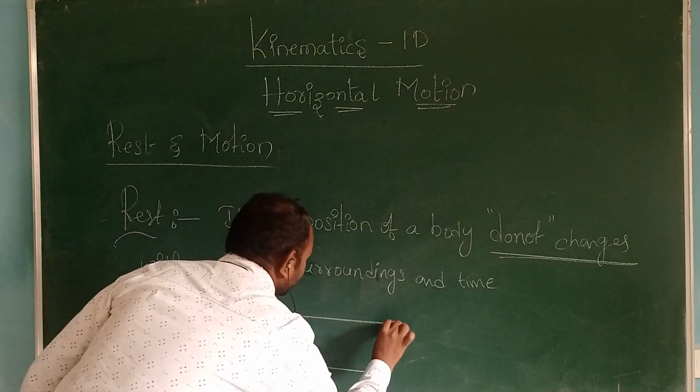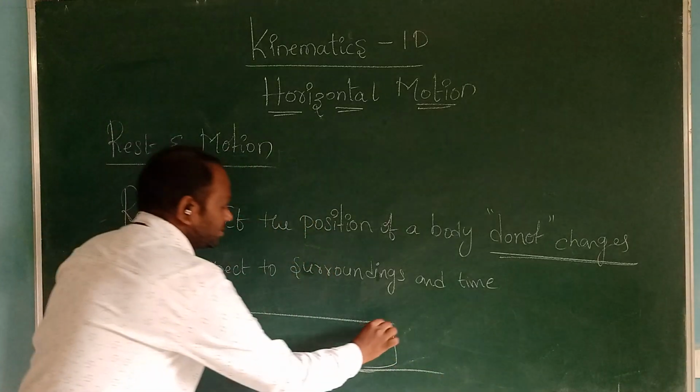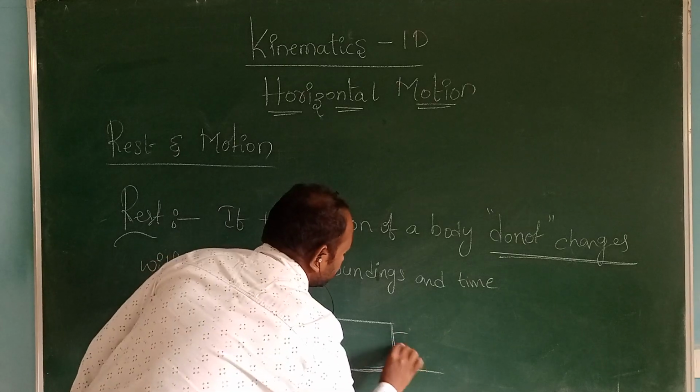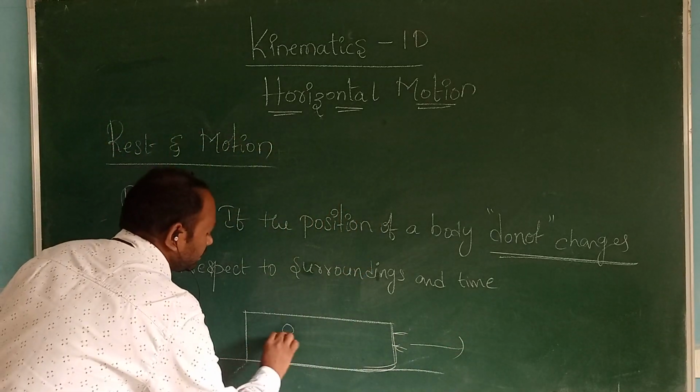So for example, I will explain one example. The bus is moving on a straight road in this direction, and two persons are sitting in the bus.